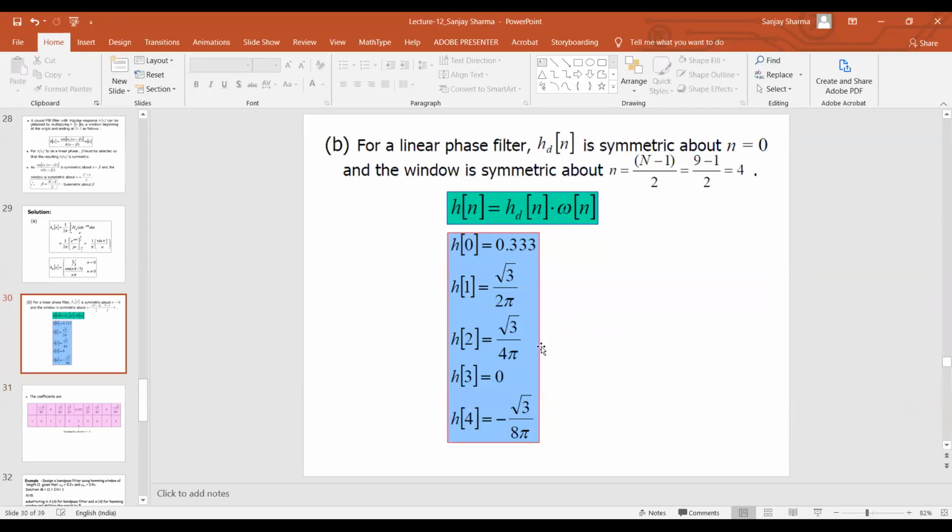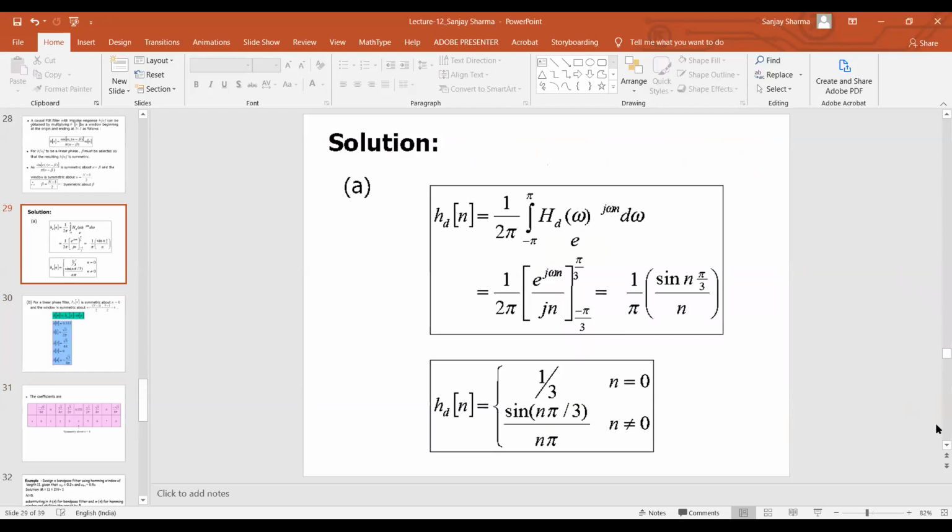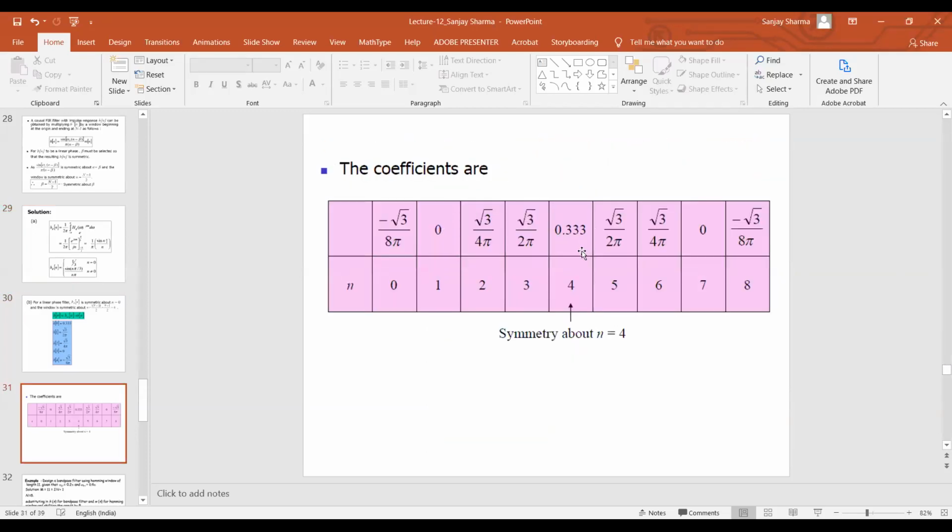All these impulse response values are shifted by 4. This becomes H4, H5, 6, 7, and 8. So that's what happens here. You shift the values. H0 becomes H4, H1 becomes H5, 6, 7, and 8. And what does the symmetry suggest? H8 will be equal to H0.